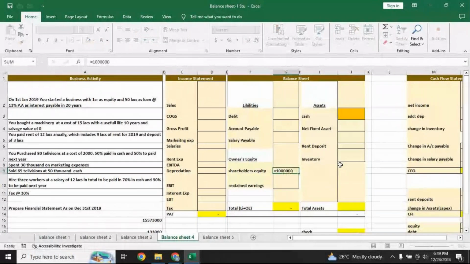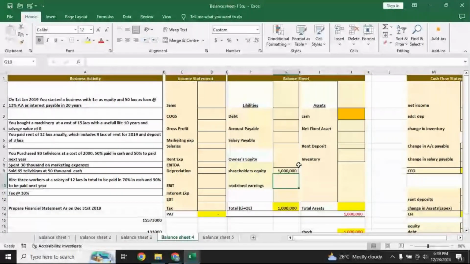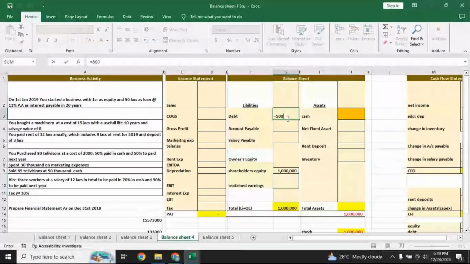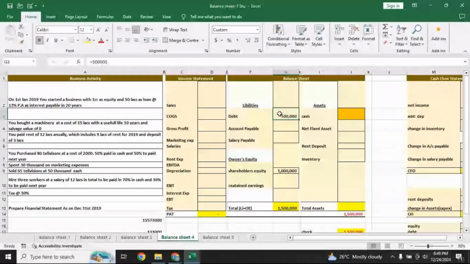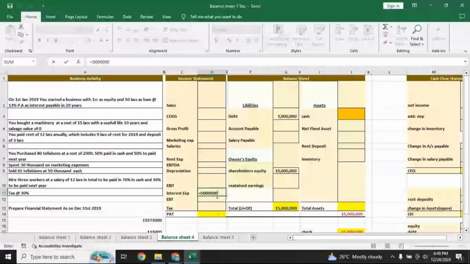I am going to take the debt of 50 lakh rupees. Then interest will be 13%. So interest will be on the debt into 13%. So this will be my interest.